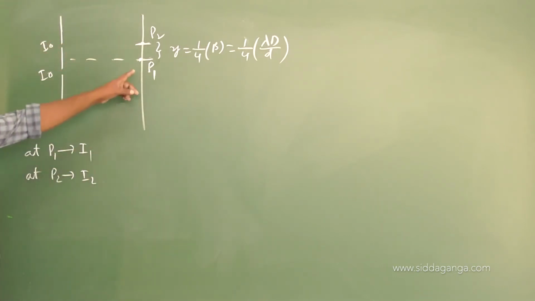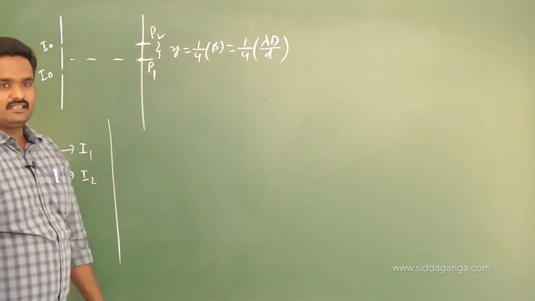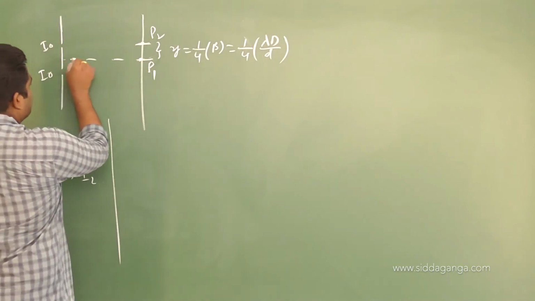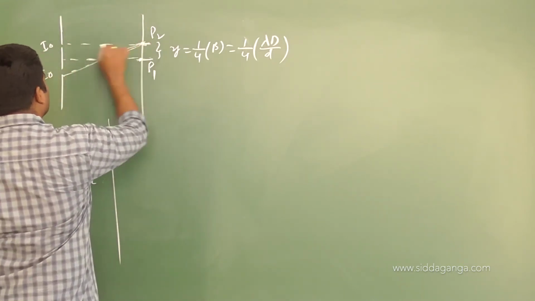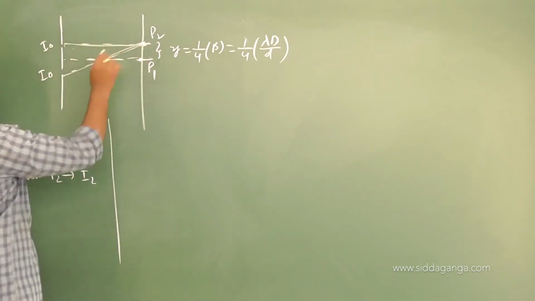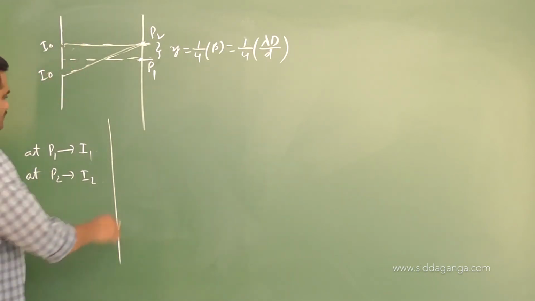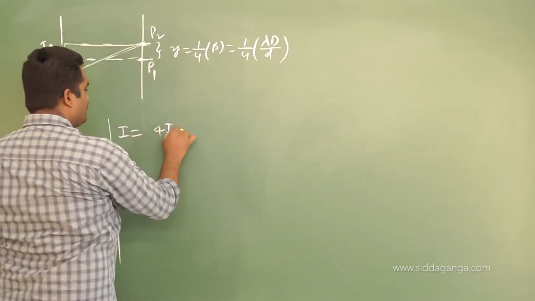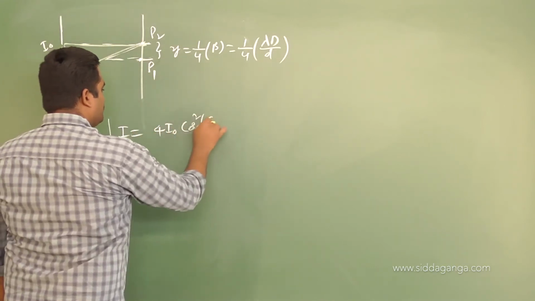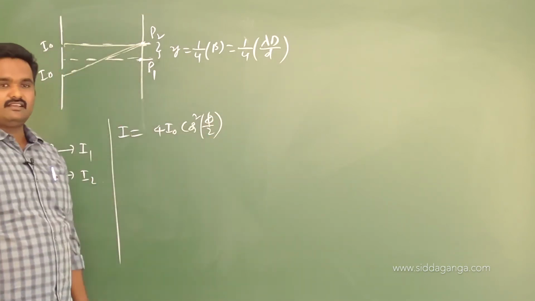At any point on the screen, if you know the phase difference, the waves coming from the two sources are going to superpose, so based on the path difference or phase difference between those two waves, you can find the intensity. For that, the formula is intensity I equals 4 I0 cos square phi by 2. This is the formula to find the intensity at any point on the screen.